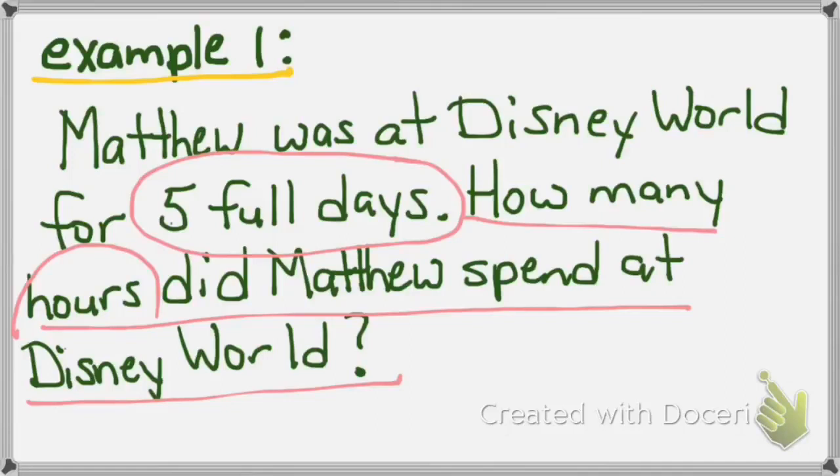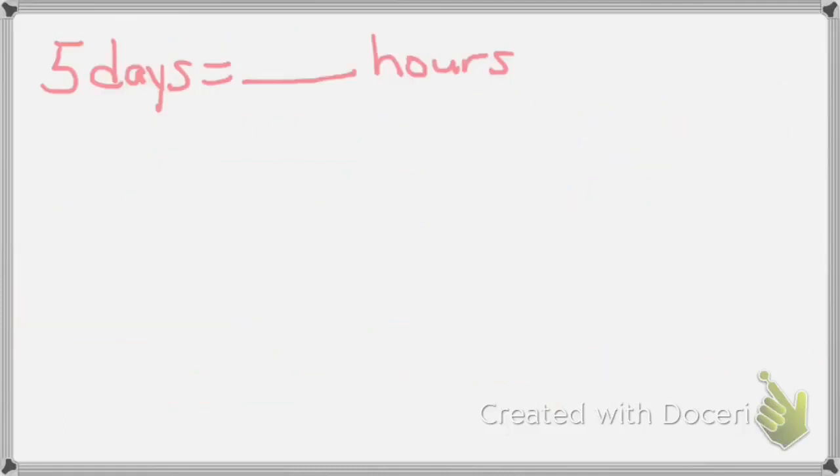So they're telling me how many days, but I need to know how many hours. This sounds to me like a conversion problem. I will say 5 days equals how many hours? And that's what I'm going to convert. So I'll move to the next page and complete that conversion. So if 5 days equals blank hours. Well, again, I'm going to look at my units, days and hours.